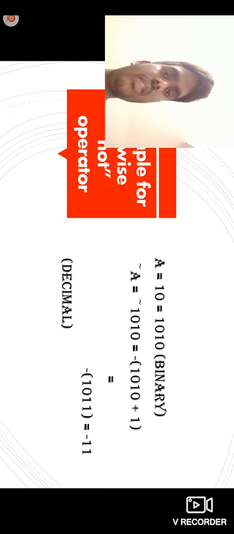There is a trick here: if you take 11, the bitwise NOT operator will be minus 11. If you take 22, the bitwise NOT operator will be minus 23. It means we are adding one to the number and keeping a negative sign. You need to remember this.